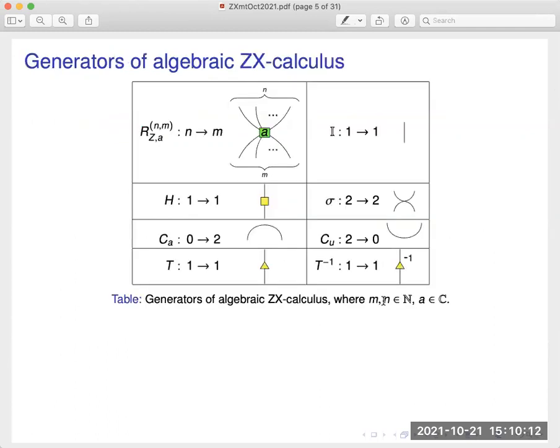Now let me give a short introduction to algebraic ZX calculus. The generators are the green spider, which is now labeled by any complex number, and also the identity, the Hadamard, the swap, the cap and cup, and the triangle and its inverse. That's the generators.